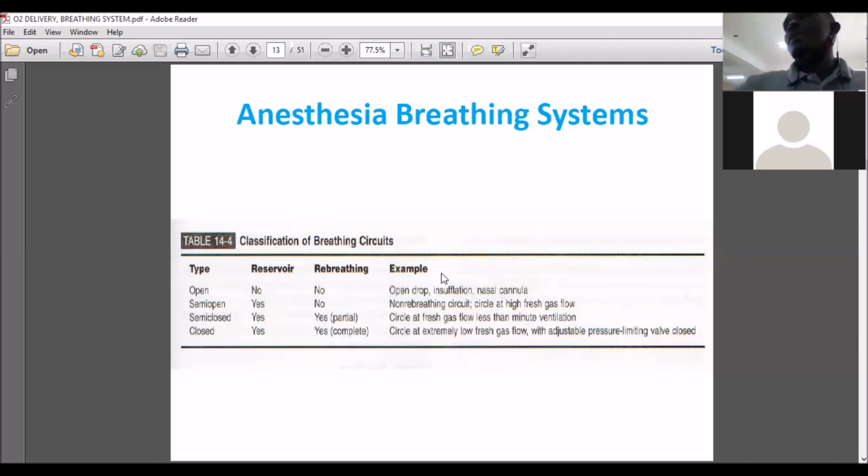That becomes closed. But with semi-open and semi-closed, I add you some. Then on semi-open, you're in a system, okay? Your oxygen, I'm keeping it, but you're not breathing in what you're having.